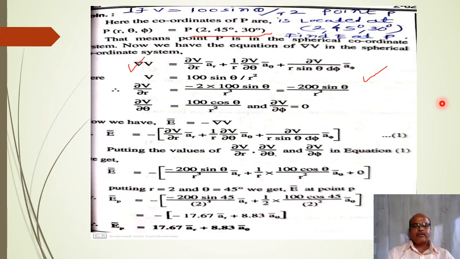In the last batch, one student took 94 to 95 marks out of 100, and most students have got 28 to 29 marks. So if you practice daily and work hard, you can score in this subject. The subject is interesting. Okay, thank you, we'll stop here.